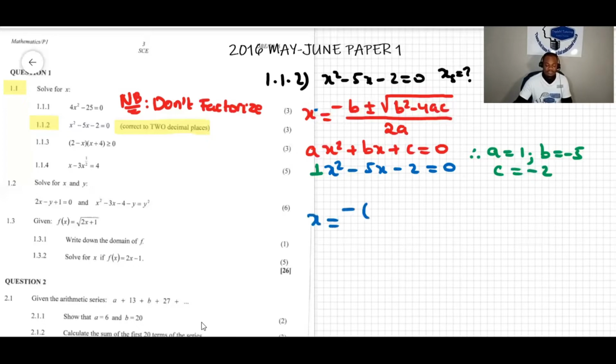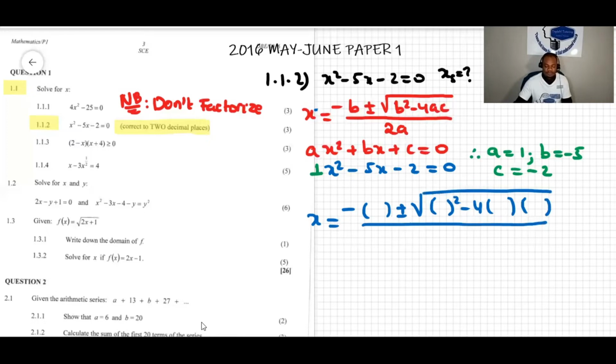So it's going to be minus b plus or minus the square root of b squared minus 4ac, all over 2a. I'm going to substitute the values of the coefficients a, b, c.